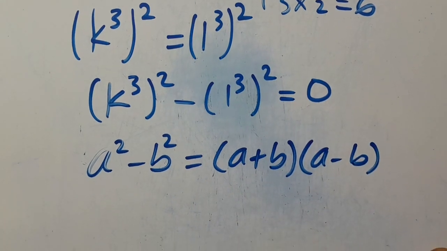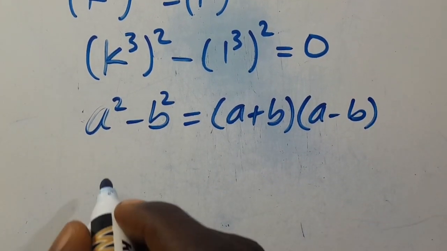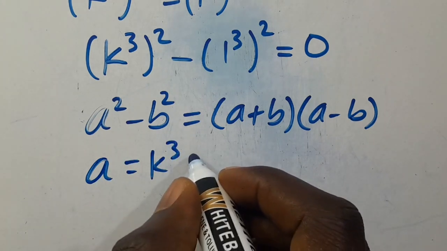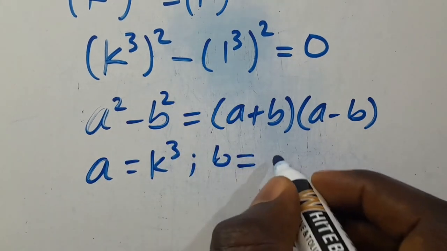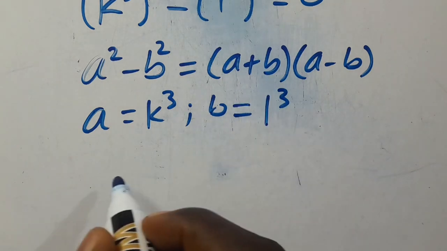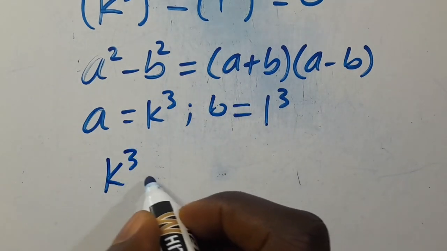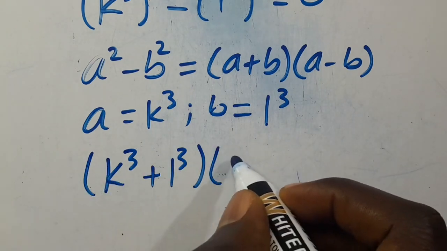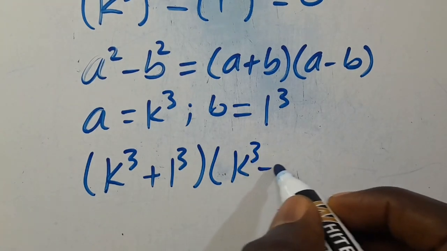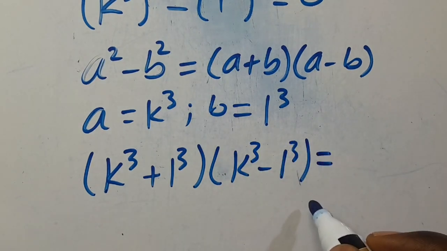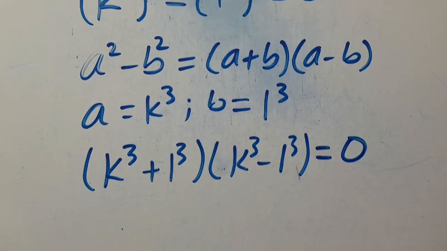This tells you that our a equals k to the power of 3 and our b equals 1 to the power of 3. So therefore we are going to have k to the power of 3 plus 1 to the power of 3, in parentheses, multiplied by k to the power of 3 minus 1 to the power of 3, in parentheses, and everything equals 0.